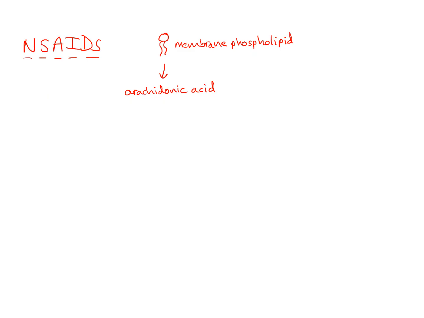So the COX-2 enzyme is the one that we do want to block with our NSAID. So the COX-2 enzyme is going to produce from arachidonic acid some prostaglandins that will cause pain and inflammation.